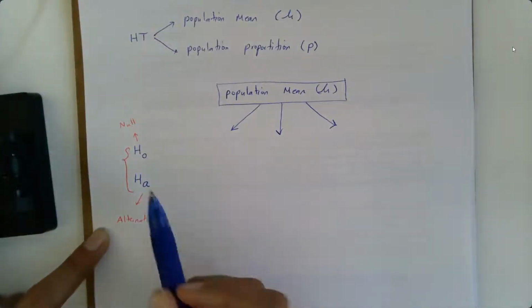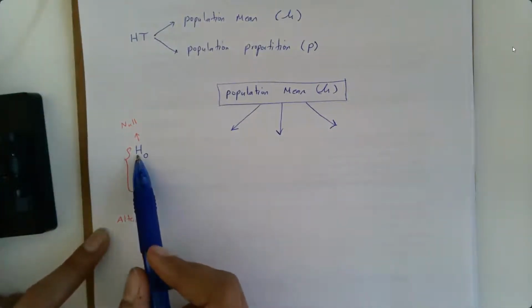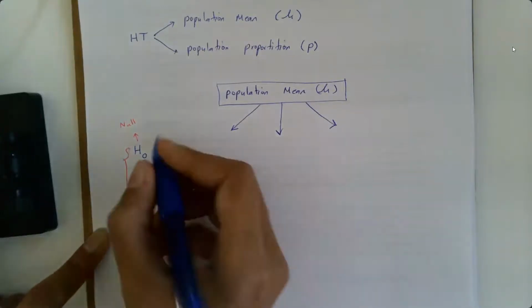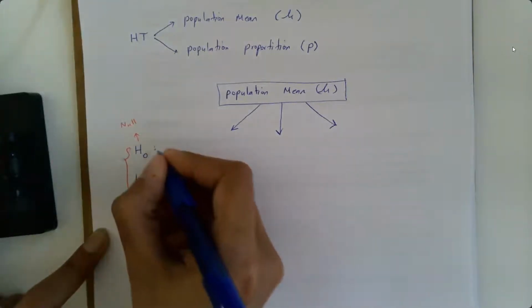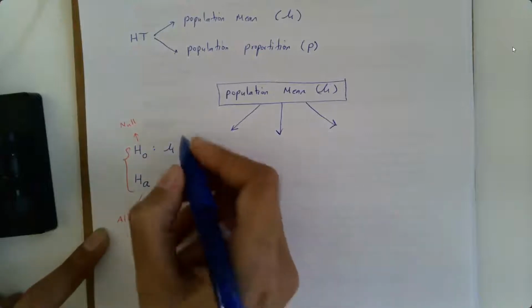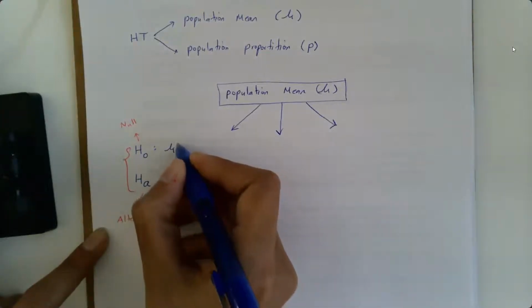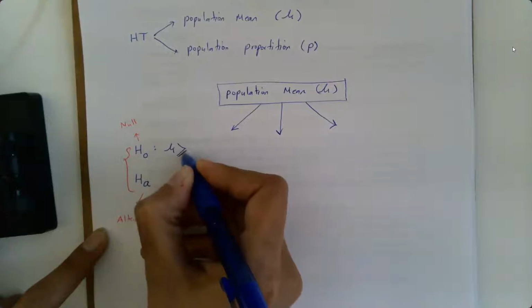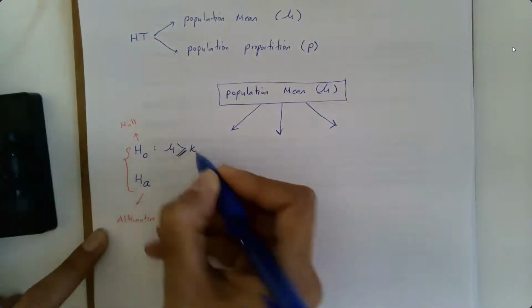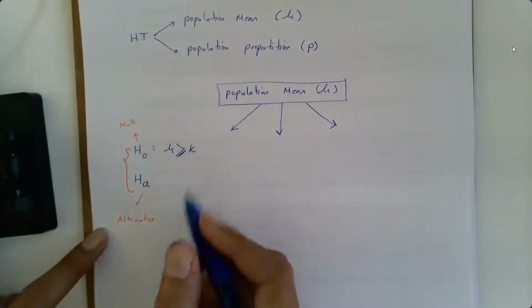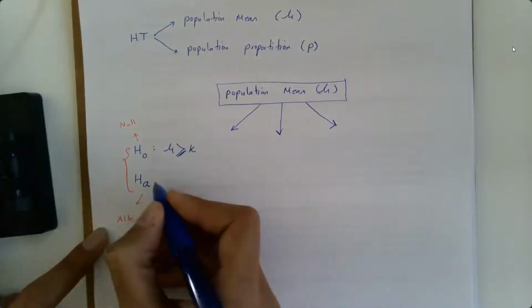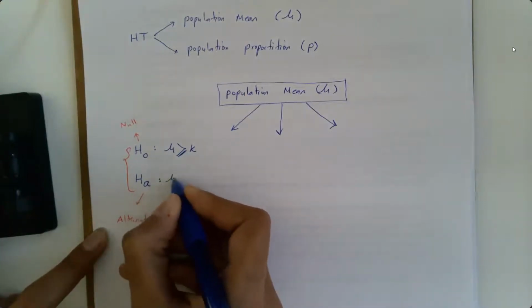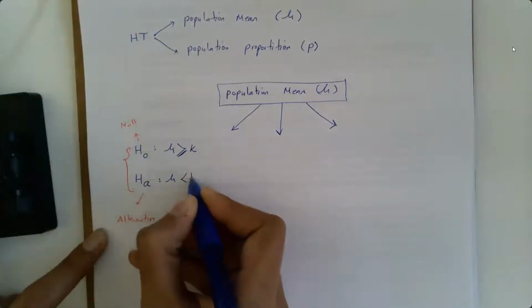Well, null hypothesis says the mean of the population is larger than or equal to a number like K. Its opposite is the mean is less than K.